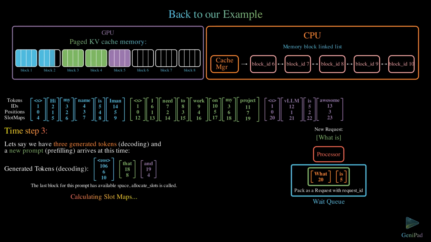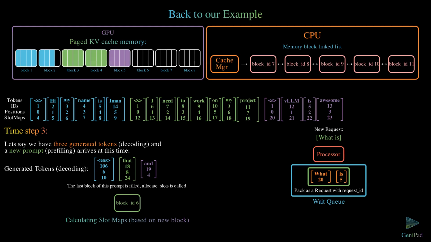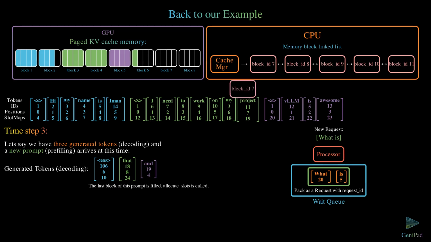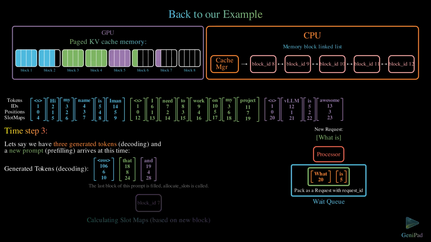Same as before, slot mapping is done, and the token resides in its block. The last block of the second prompt is now full, so the KV cache manager allocates a new block for that prompt. The slot mapping is updated accordingly, and the new token is stored in the newly allocated block. The last block of the third prompt is also full, so a new block is allocated for it. The slot mapping is then updated based on this new block.